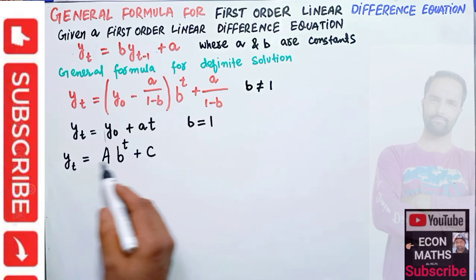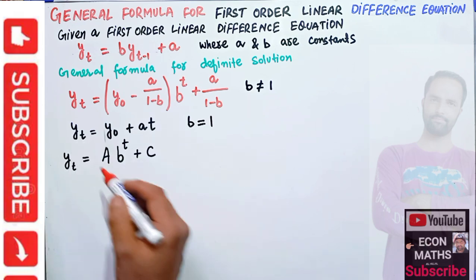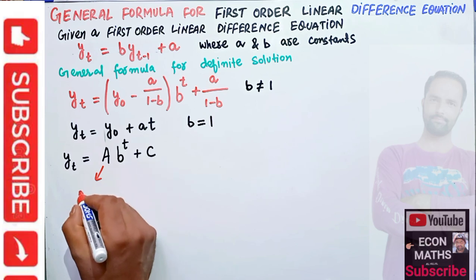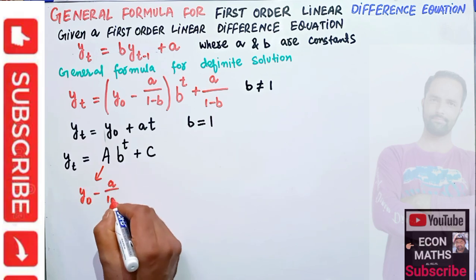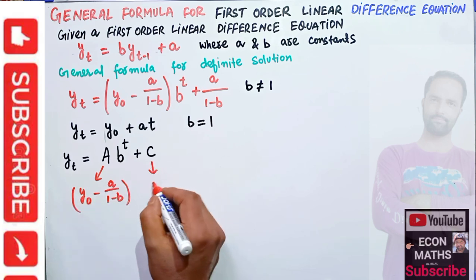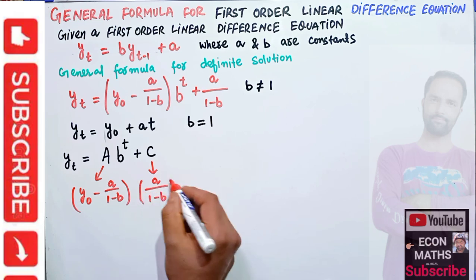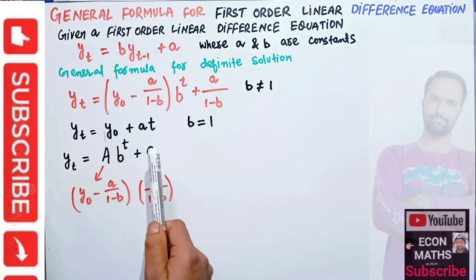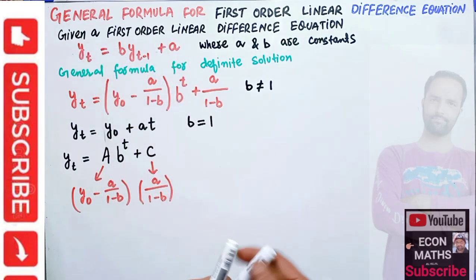This is called the general solution. Here the arbitrary constant is y_0 minus a upon 1 minus b, and this c denotes a upon 1 minus b. So this is called the general solution of the given first order linear difference equation.